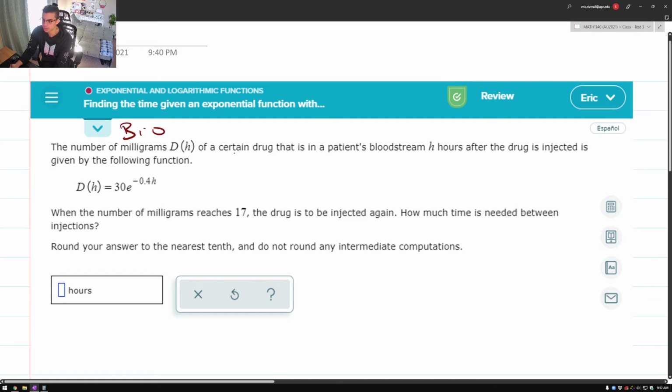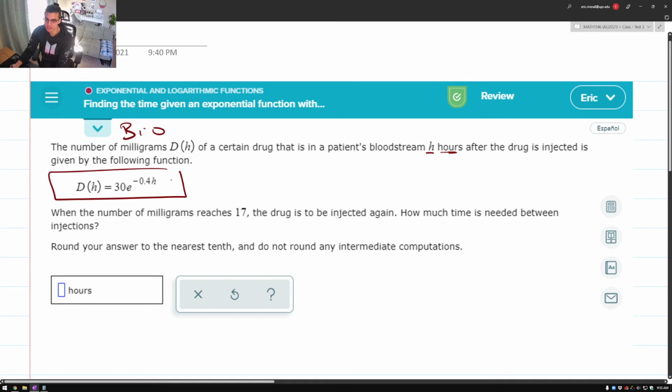The number of milligrams is represented by D of H of a certain drug that is in a patient's bloodstream H hours, so time, after the drug is injected, is given by the following function. Hours is the unit of time that we are working with.